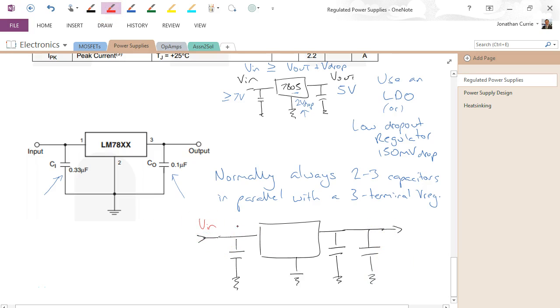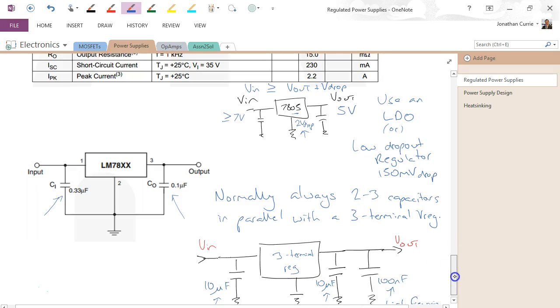So V in, V out, and I have a 10 microfarad here, 10 microfarad here, and 100 nanofarad here. So these get rid of the visible ripples, and this one is for the high frequency noise. And this is our 3-terminal regulator. So that's generally how I would design a circuit with one of these devices.